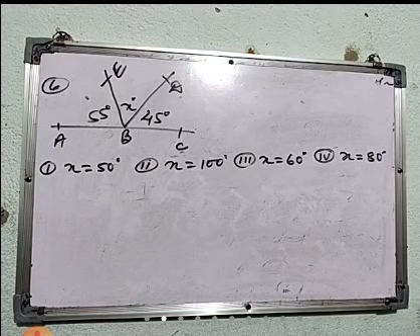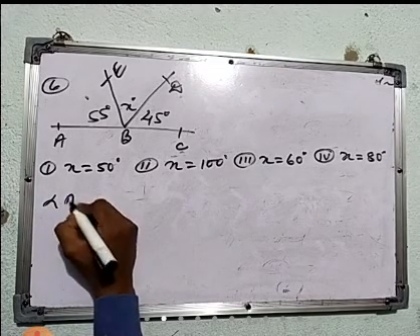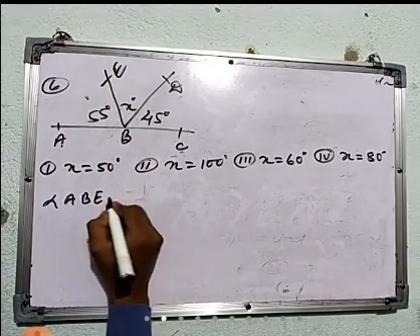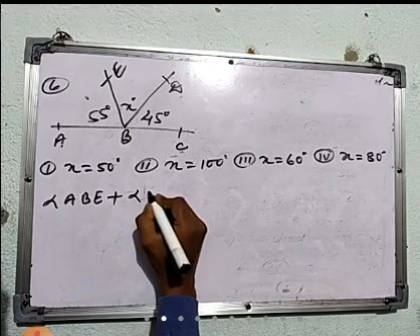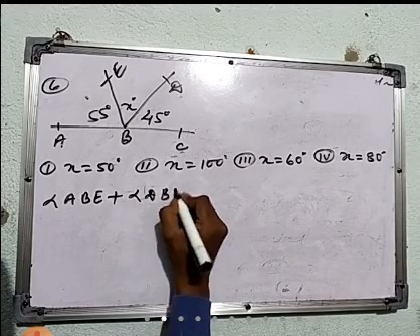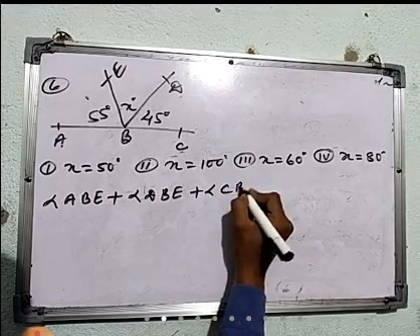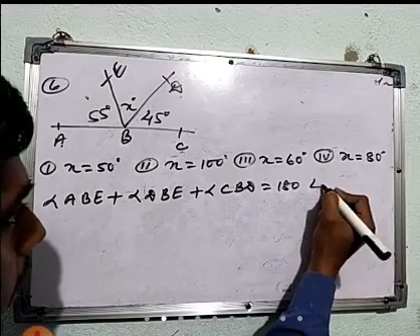So you know if ABC is a straight line, so angle ABE plus angle DBE plus angle CBD equal to 180° from linear pair.